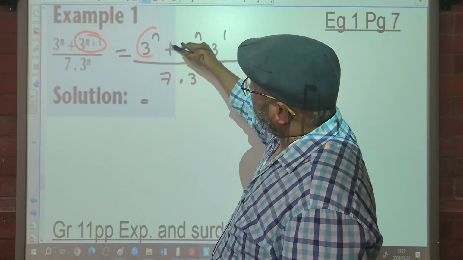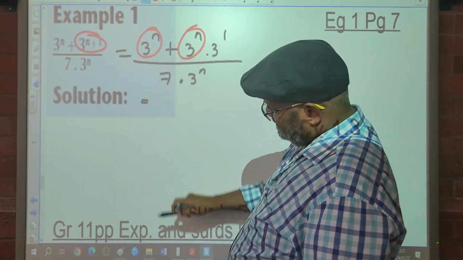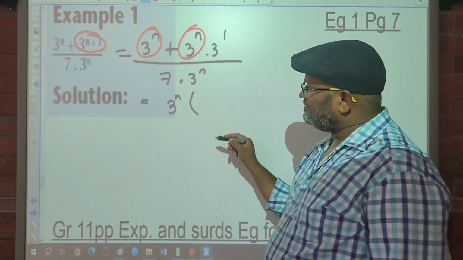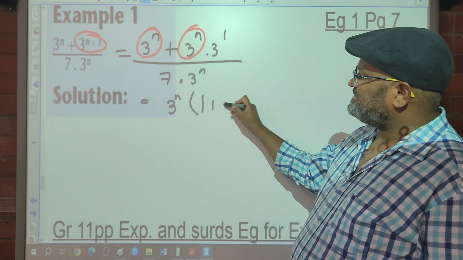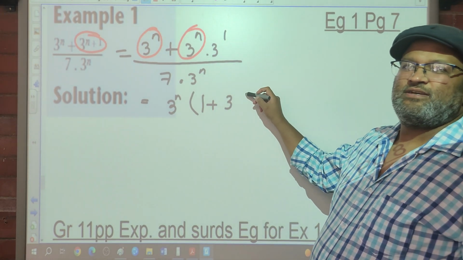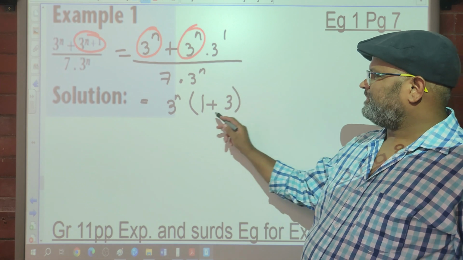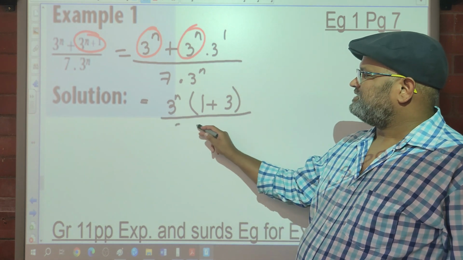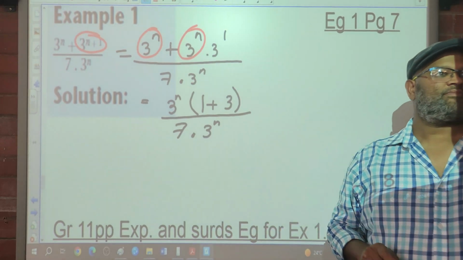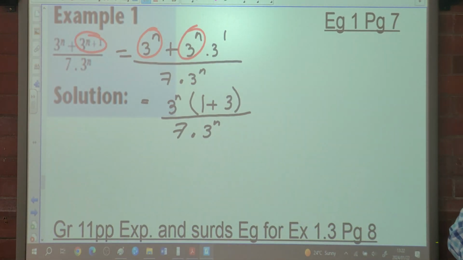Take it out, what am I left with? 3 to the n into 1 plus 3 to the 1. And 3 to the 1 is what? 3. This is all over 7 times 3 to the n. Okay.